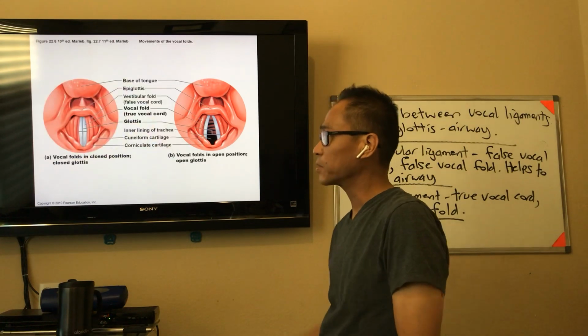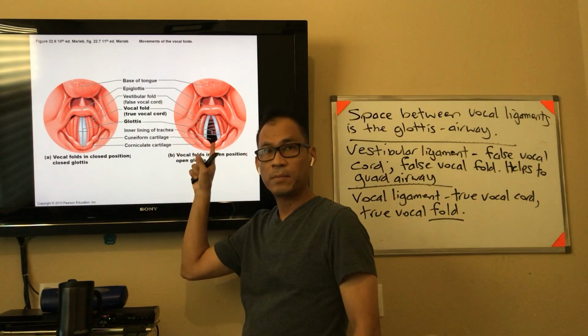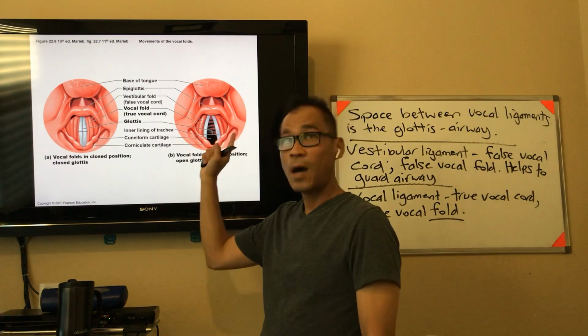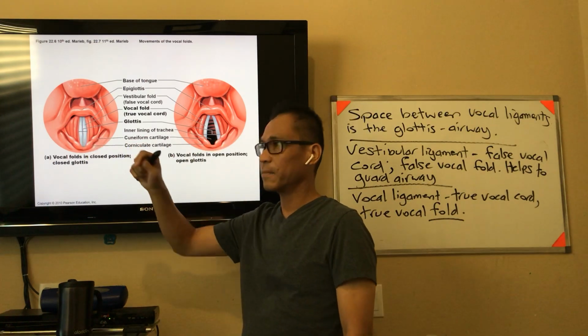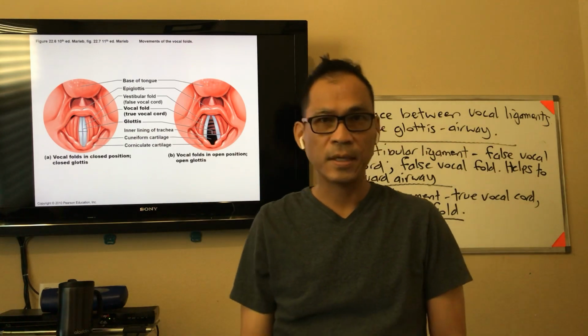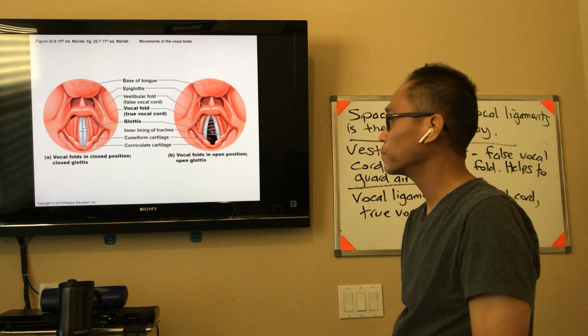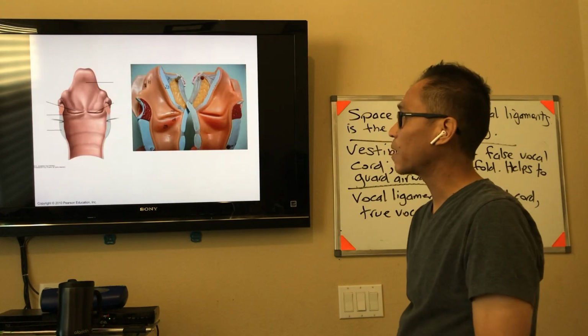Here's a picture of glottis closed, glottis open. So when you breathe in, they open up, and when you talk, you exhale through this slit, and it vibrates the vocal cords, and that helps in voice production. Here's that model we've been looking at.